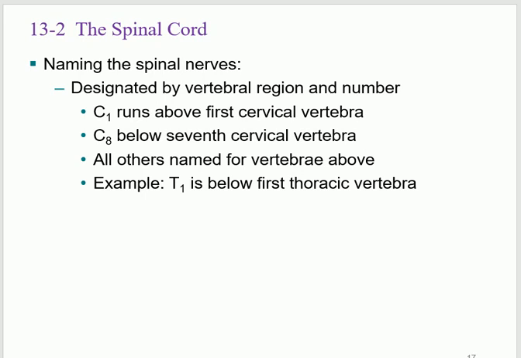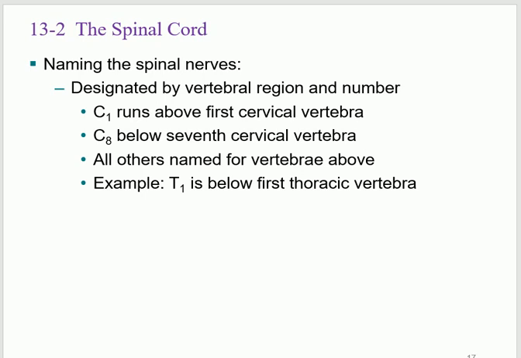I will tell you that the confusion only is in the cervical region, because we have 7 cervical vertebrae, but we have 8 segments and nerves. So this will give us the confusion. In the cervical region, the name comes from the vertebra underneath. This is C1. So what do you call the nerve above it? C1.